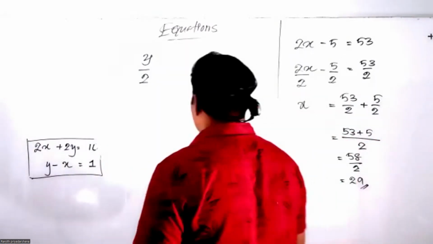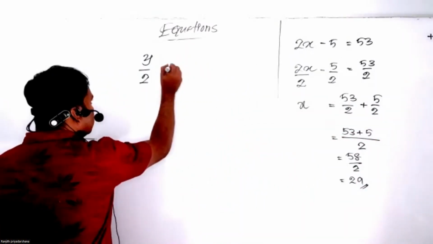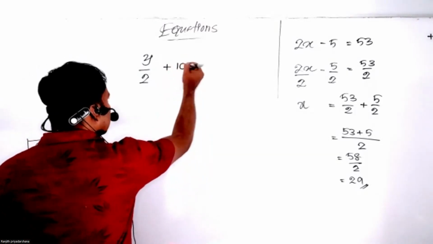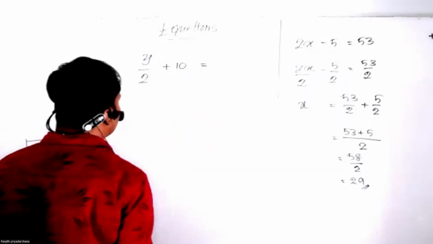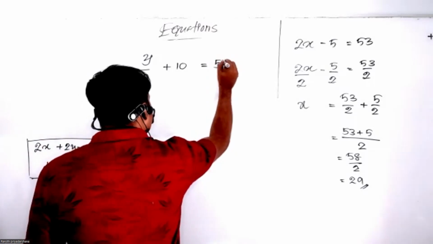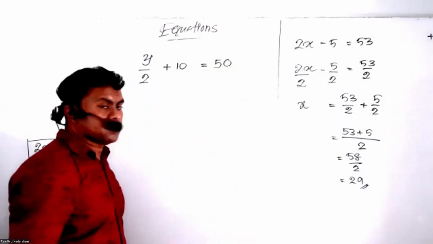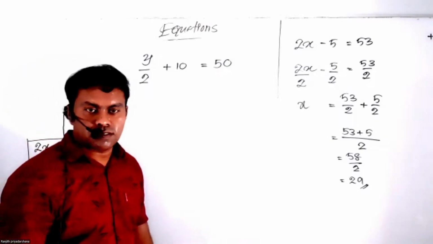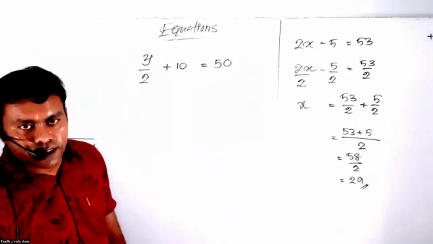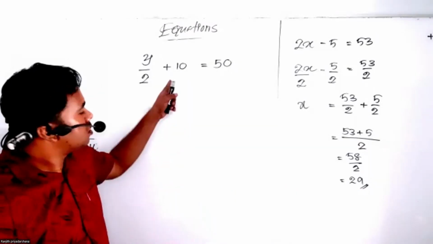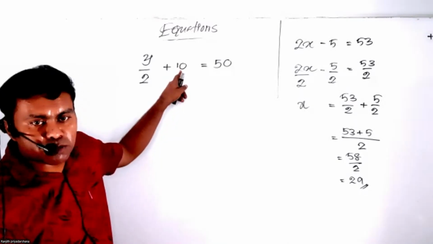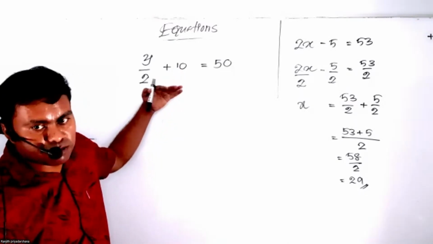Half of that value is added to 10. Then that equals 50. Right. I think now all of you can do this. Look at this. The easy method is you can remove this 10 first.